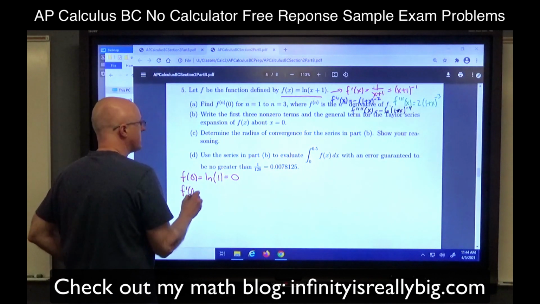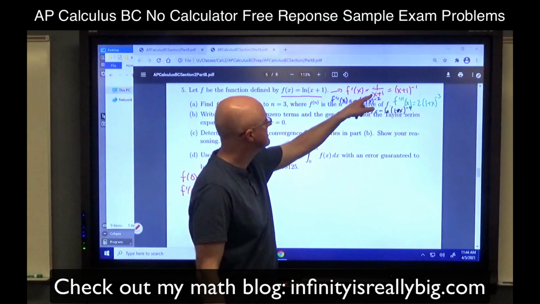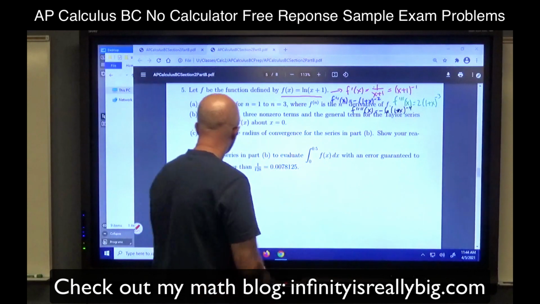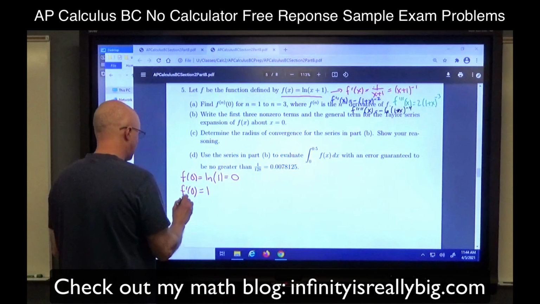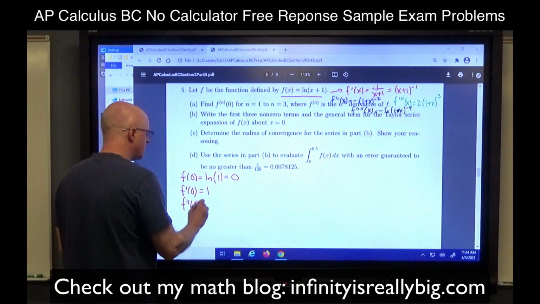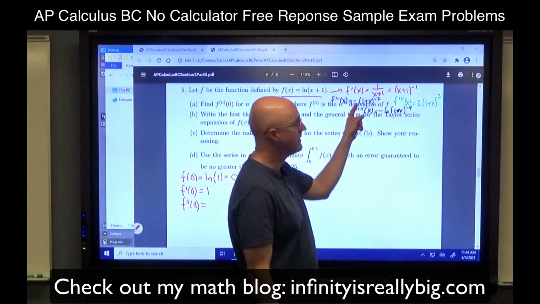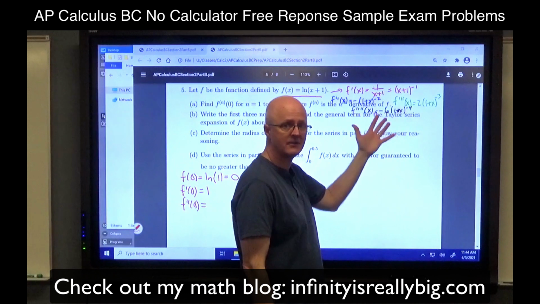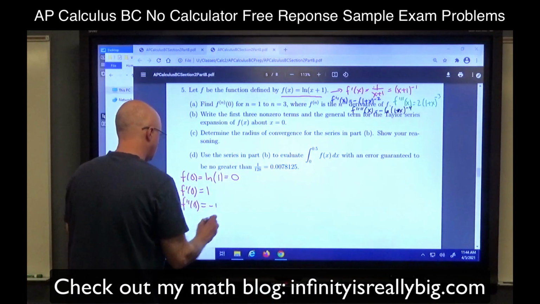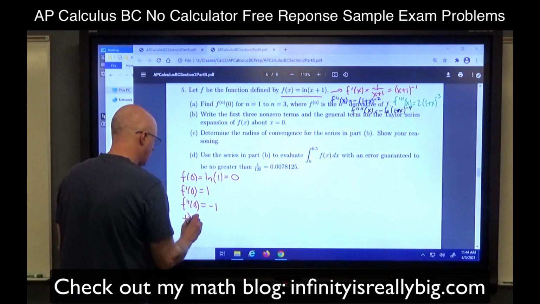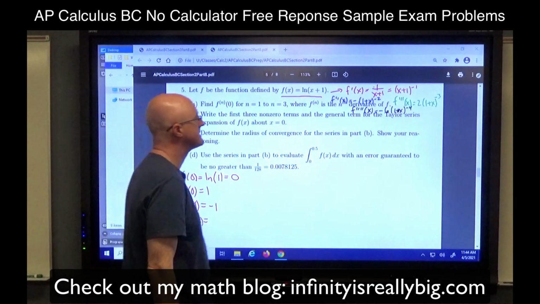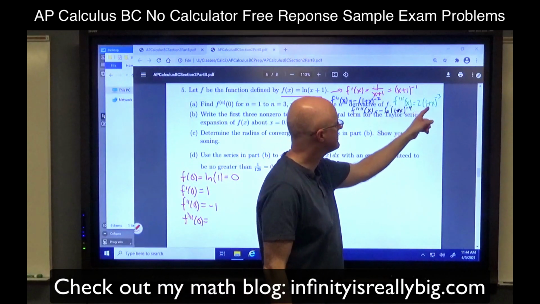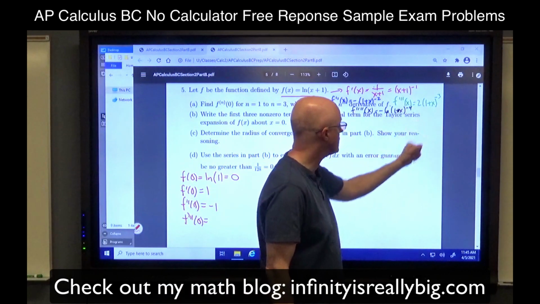F prime of 0, plug in 0 here, you get 1. F double prime of 0, plug in 0 here, you get negative times 1 to the negative 2 is negative 1. F triple prime of 0, I plug 0 in here, 2 times 1 to the negative 3 is 2 times 1 is 2.